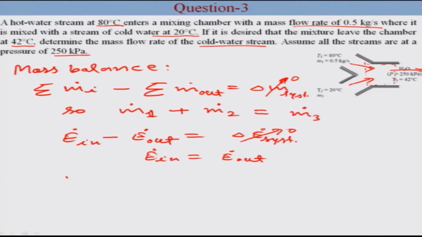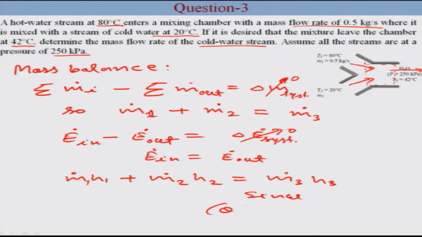Total energy in will be nothing but enthalpy of the first stream plus enthalpy of the second stream which is going into the control volume will be equal to enthalpy of the stream going out of the system. Okay, since Q dot, W dot and delta KE, delta PE, we have assumed to be 0.